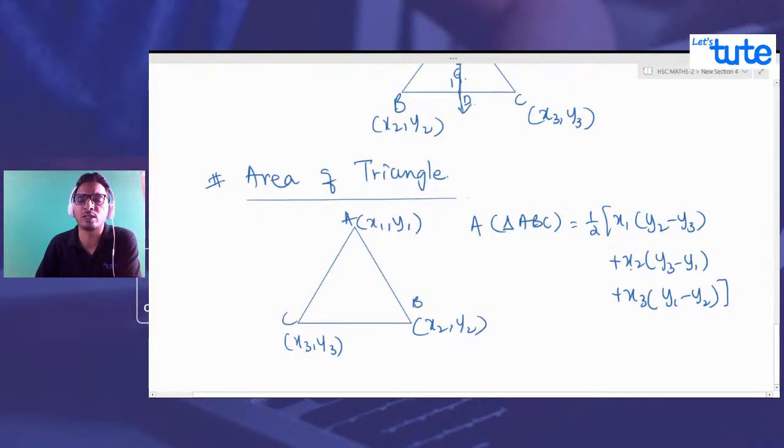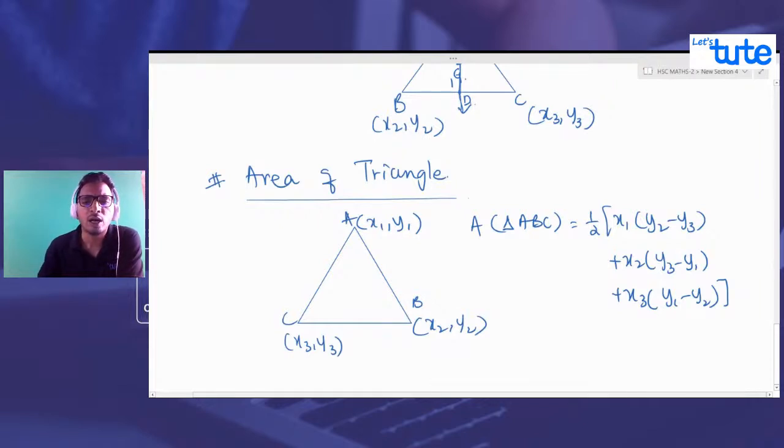Similarly, in the next term, x is from the second position and y's are from the third and first position. Similarly, for the third term, x is from the third position and y's are from the first and second position. So this is how we take the coordinates of the vertices of a triangle to find its area, correct?